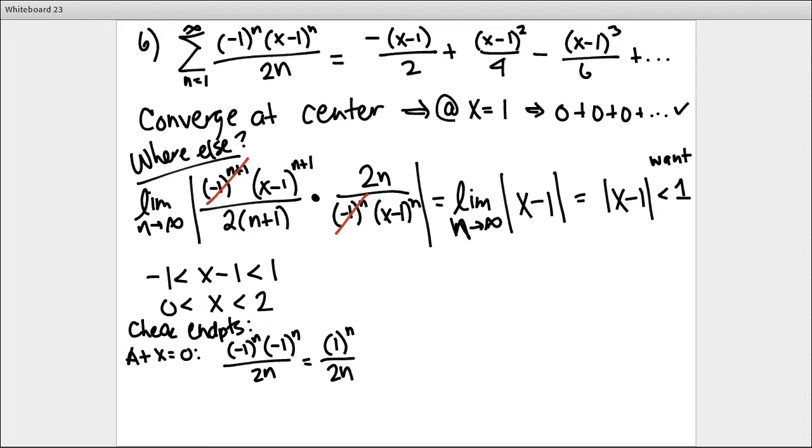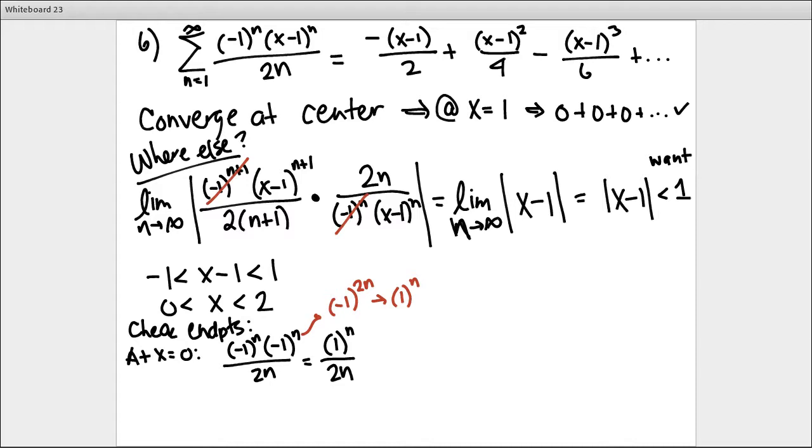I should have shown that. It's really a -1 to the n plus n, which is 2n, but then -1 squared is a +1 to the n. So that's how I got that, just in case.